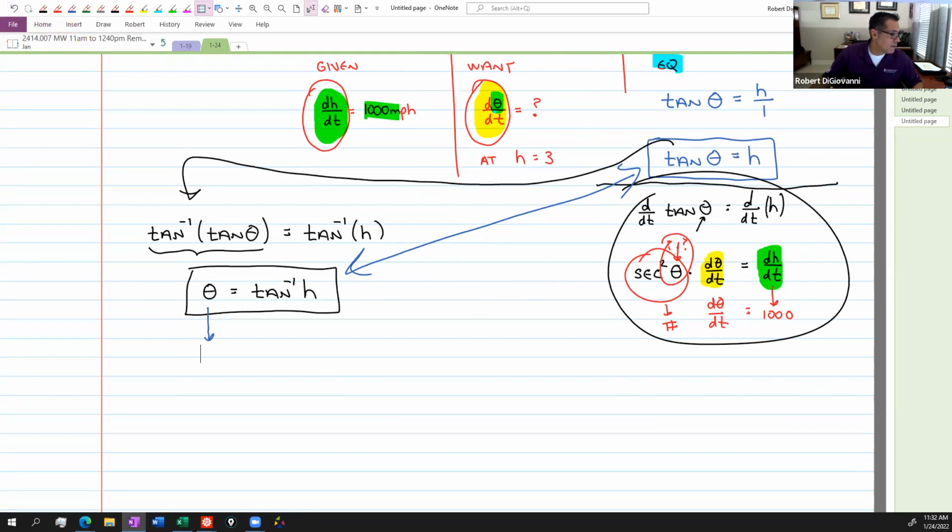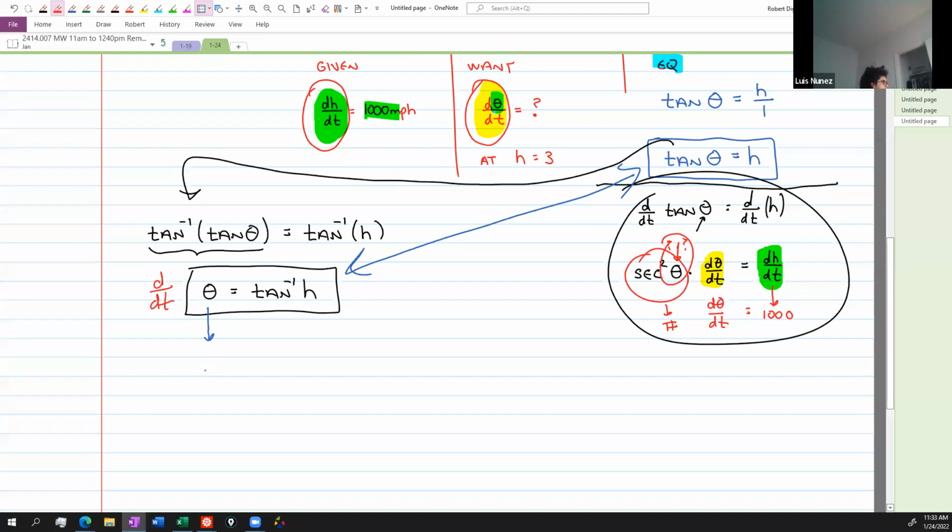Lewis, help me out with this derivative. We're differentiating with respect to time here. So what's the derivative of theta with respect to time? d theta divided by dt.